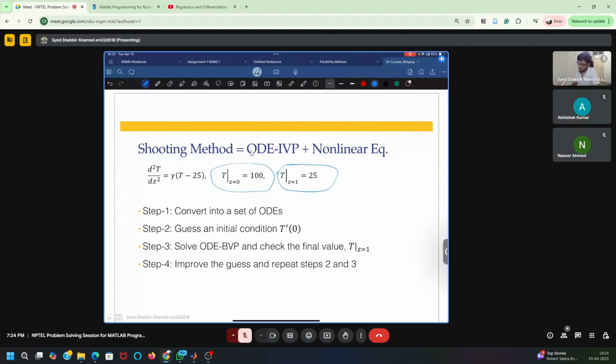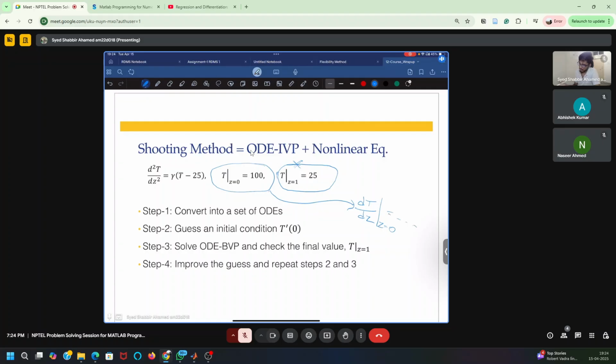So what we'll do is we won't take this boundary value, and in addition to this, this is one initial condition, and we can also write another initial condition, that is dT/dz at z equals 0.